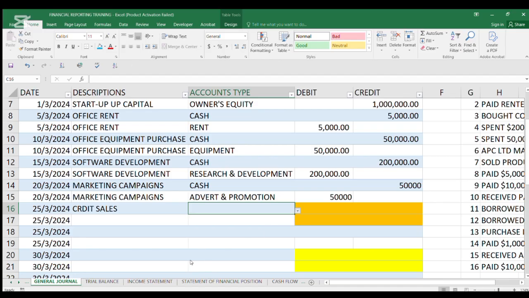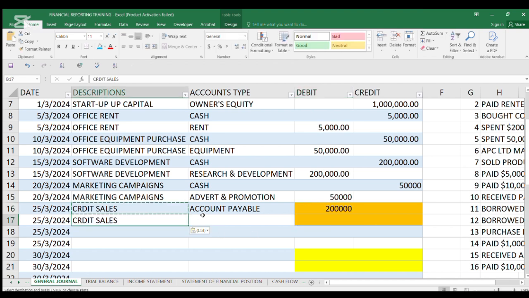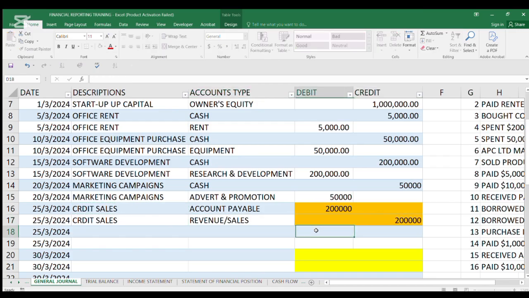So I'll debit account payable, and then repeat the same description, then credit the revenue that was earned during this particular period, revenue or credit sales, with the same 200,000.